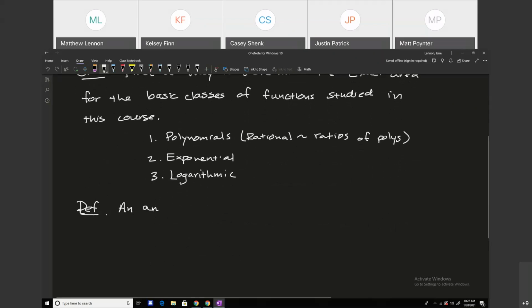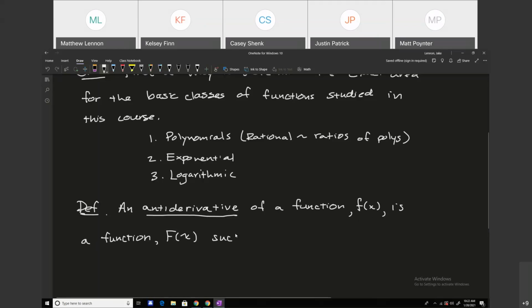An antiderivative of a function, let's say little f of x, is a function, I think I should have commas here, capital F of x such that when you take the derivative of this big function, you get exactly the lowercase f of x.